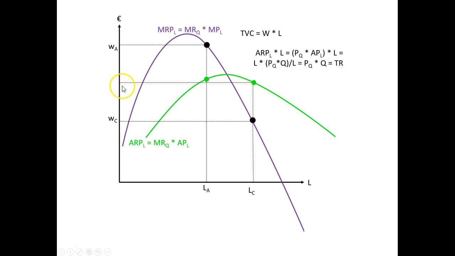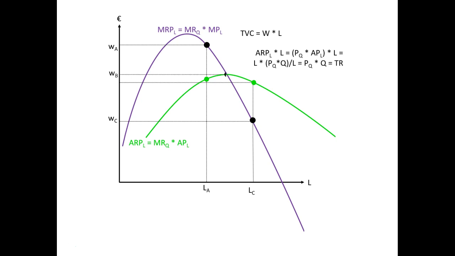So the total revenues will be this rectangle, and the total variable cost will be WC times LC, which is this rectangle there. In this case, the total revenues are much larger than the total variable cost. So we will have a positive difference if we deduct the total variable cost from the total revenues, which could be used to pay for the fixed cost and perhaps even a positive profit.